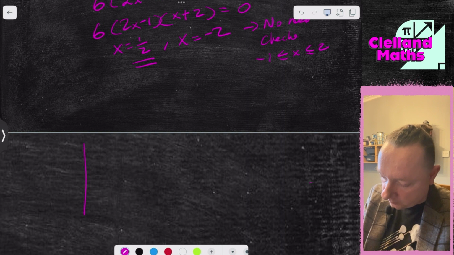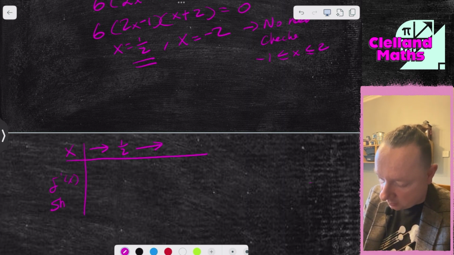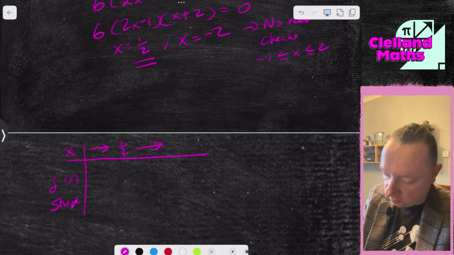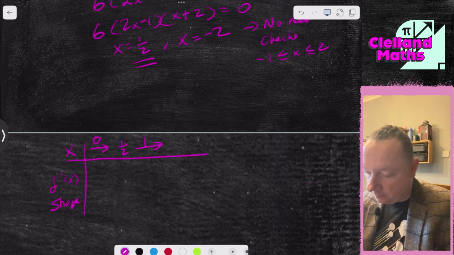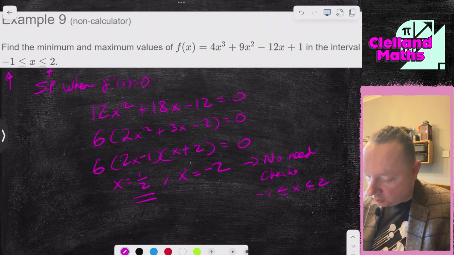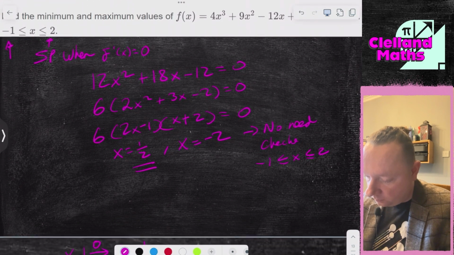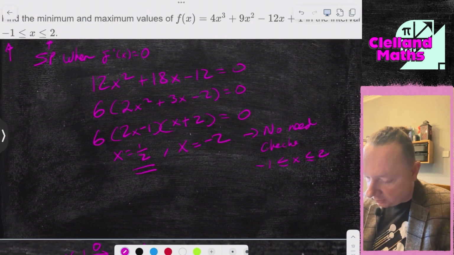Nature table, along, a half, and along. We don't need to check -2, so that's x, f dash x and the shape. So before a half, we could pick a 0 and 1. So at 0, where's our f dash x?